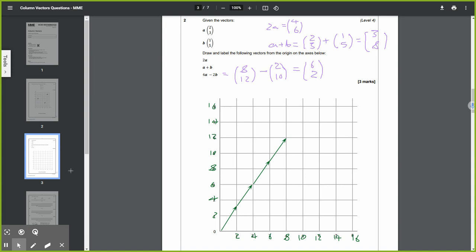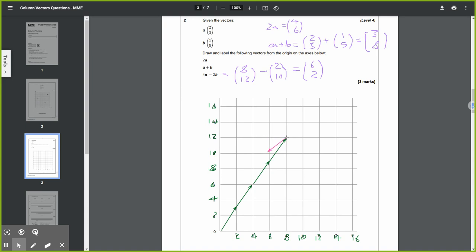Let's choose a different color. Well, actually, I'm going to do B, do it properly. So we'll do minus B, then minus B again. So B is 1 across, and 5 down.